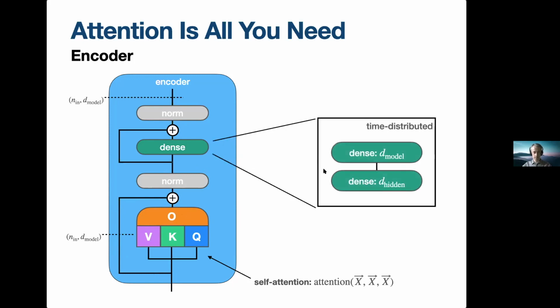And then we add this dense bit here. What I mean by dense here is that we have a dense feed-forward network consisting of 2 layers, and that network is time distributed. So at each stage in the sequence, we apply the same network. So in this case, we apply the same network n times.